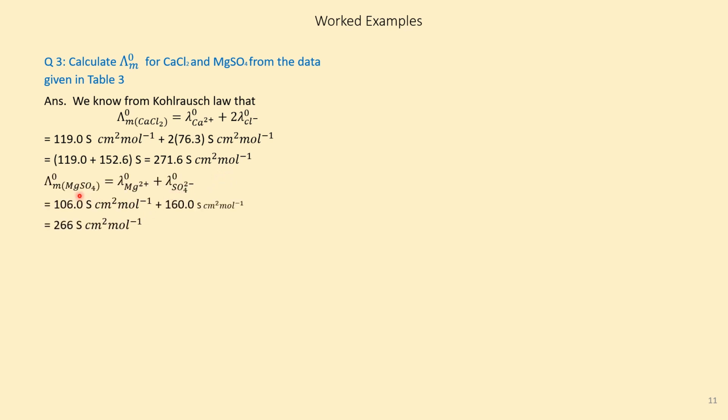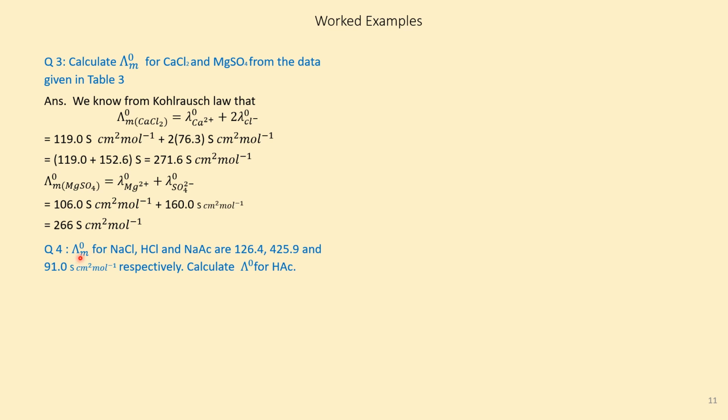Similarly, for MgSO4, it is given by λ° of Mg²⁺ plus λ° of SO4²⁻. Substituting the values obtained from table 3 for Mg and SO4, we get the result as 266 S cm² per mole.